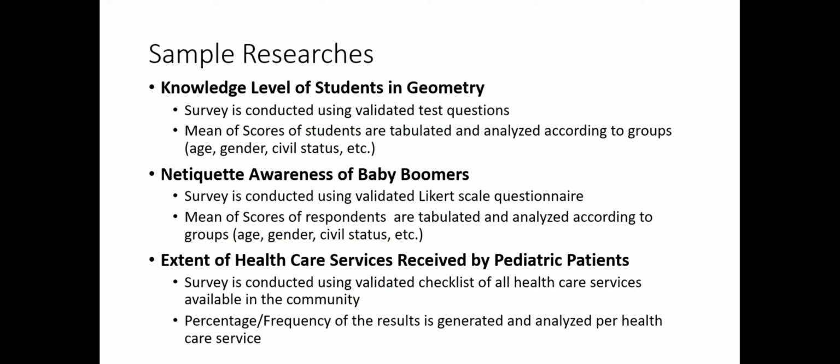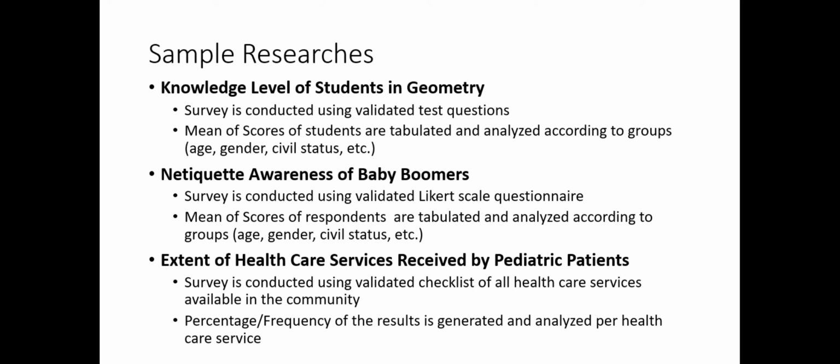Now, examples of descriptive researches. First one, knowledge level of students in geometry. So here, we conducted a survey using a validated test question. The test questions could have been validated by a mathematics expert as well as a language expert.